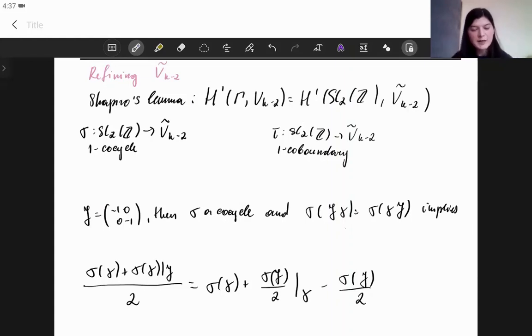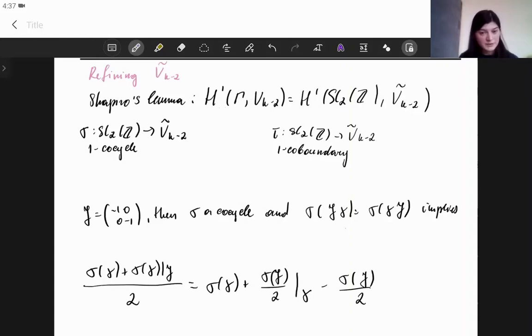From Shapiro's lemma, we can say that the two cohomology groups, H^1 of Gamma with coefficients in V_{k-2}, is equal to H^1 of SL2(Z) with coefficients in V_{k-2} tilde. All right, Shapiro's lemma really just identifies cohomology groups of induced modules. All right, and let's take sigma to be a cocycle, right?